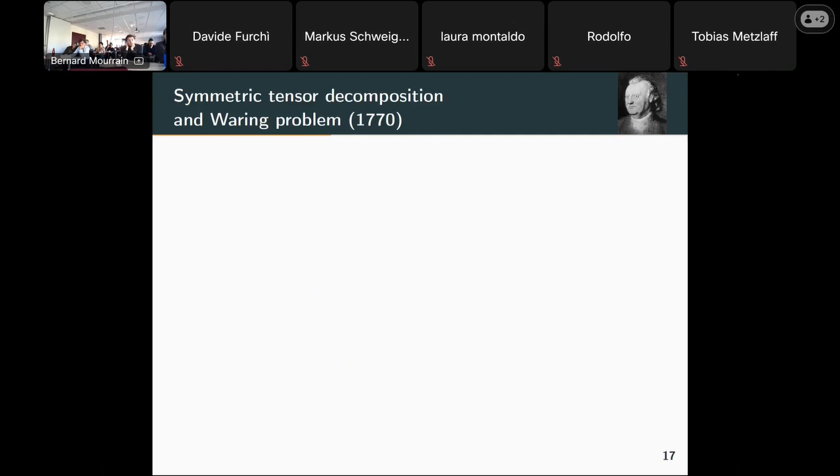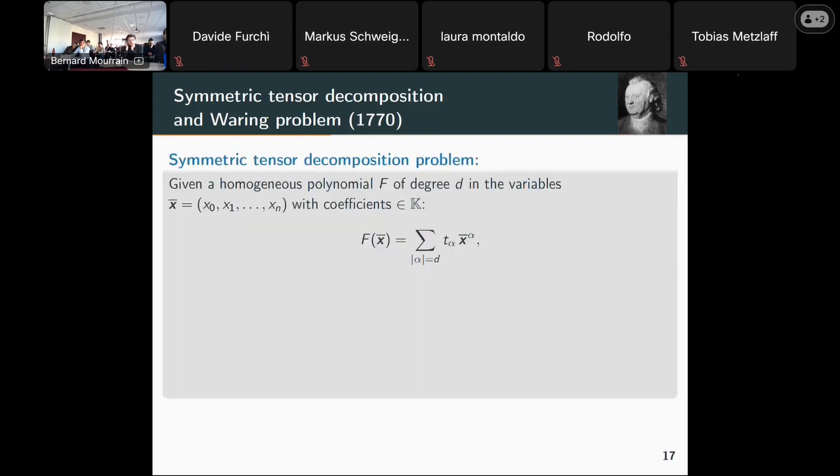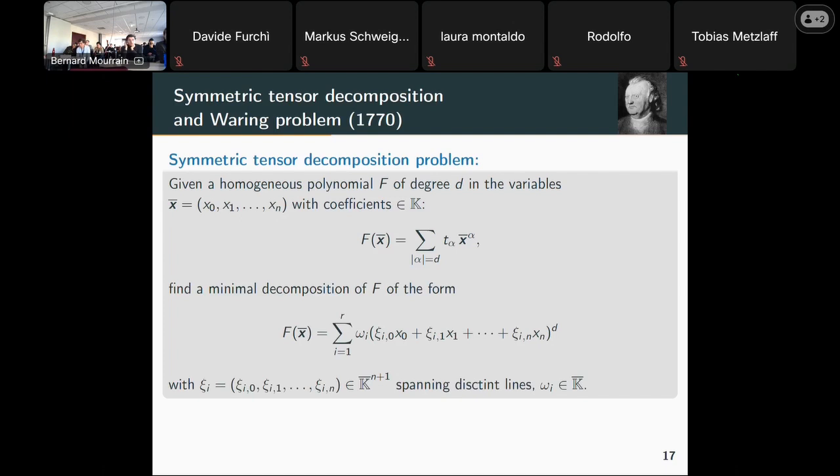About symmetric tensors. When we talk about decomposition, symmetric tensors or homogeneous polynomials of degree d, or forms of degree d, are given by this representation in the monomial basis. We have coefficients, alpha, x to the alpha, with a multi-index notation. We want to represent this as a weighted sum of powers of linear forms.